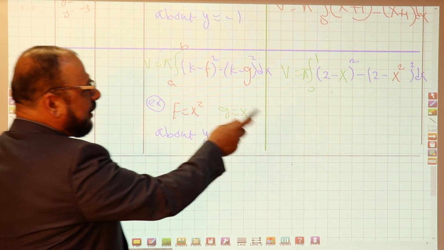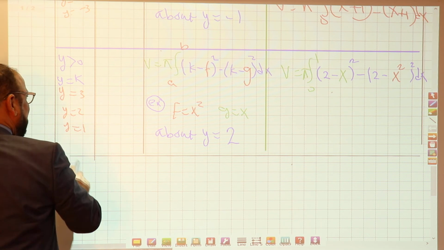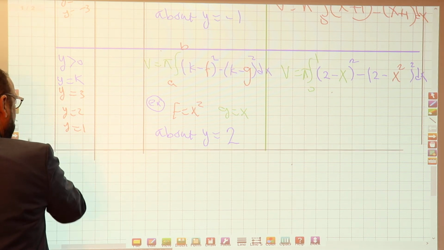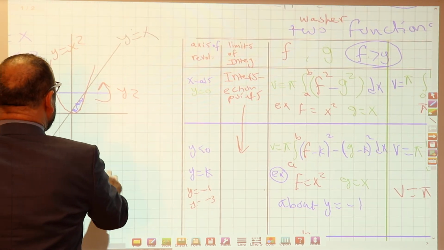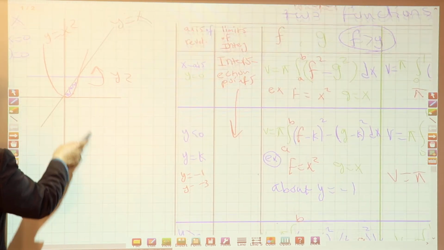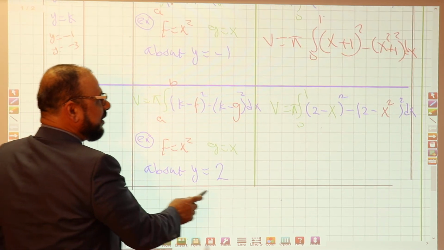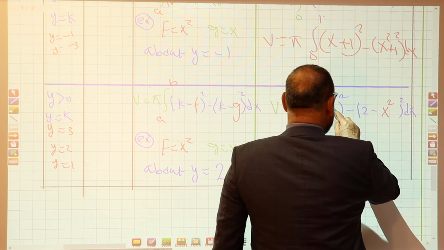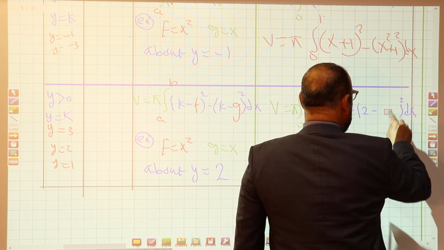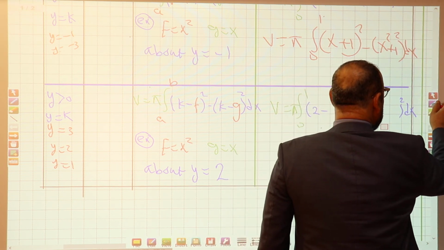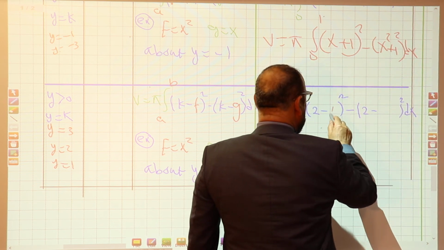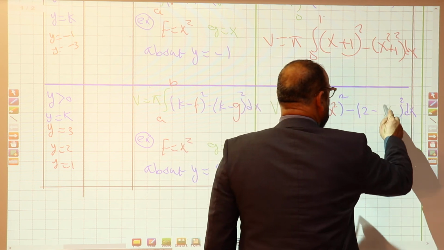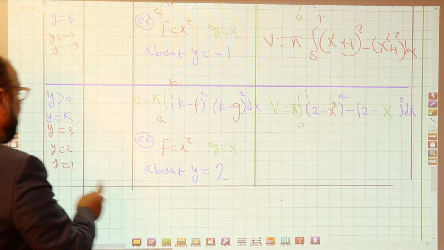Now look here, the top function will be y now, right? Because you're revolving there. Then here we change it, 2 minus x squared, and this x. 2 minus what? x squared, and here 2 minus x, to have a positive answer. If you leave it the other way, it doesn't matter. Why?